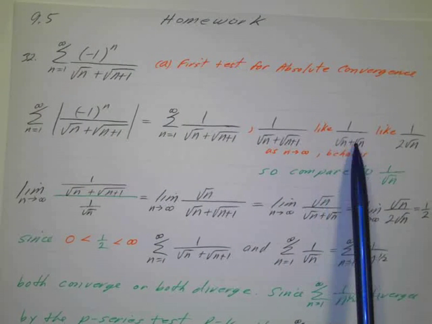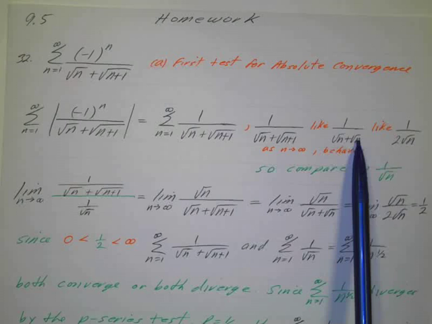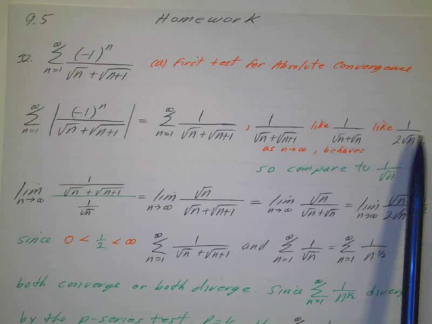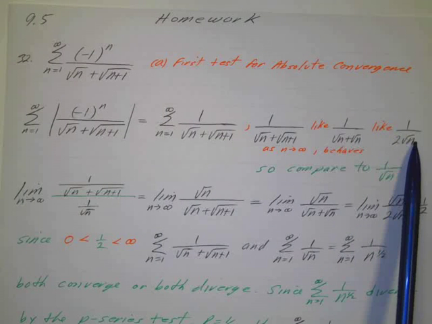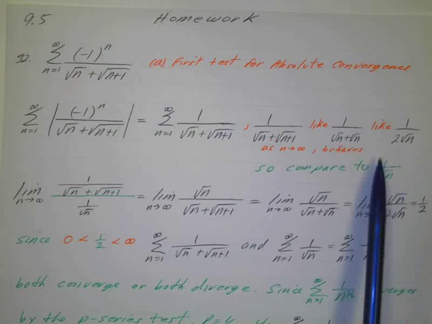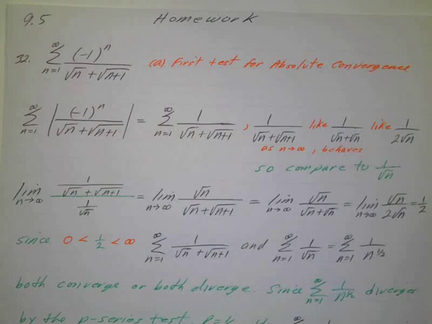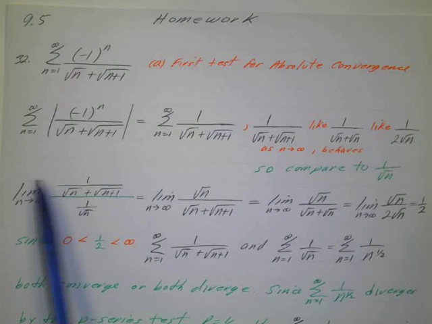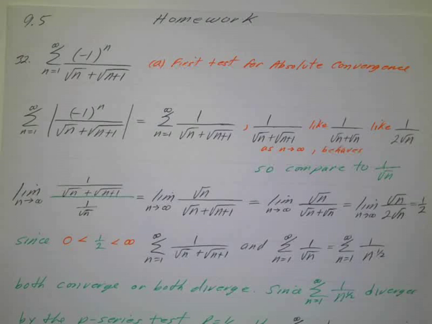So it behaves like 1 over the square root of n plus the square root of n, which behaves like 1 over 2 times the square root of n. So it looks like this is a series I could compare it with, something that will be between 0 and infinity, so I'll have a valid comparison. So what I'm going to do is use the limit comparison theorem.